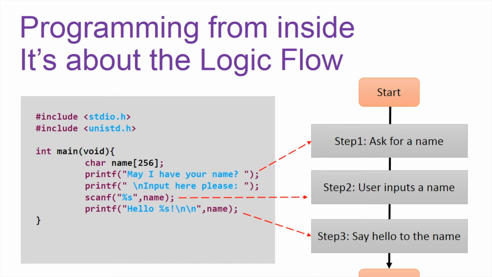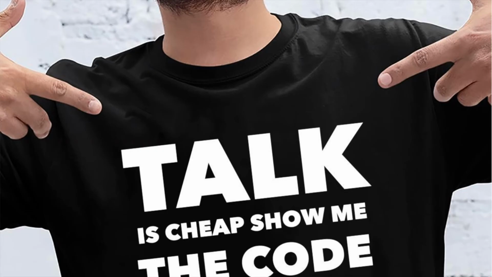Step 2, the user inputs a name. Then step 3, the program will say hello to that name. Then that's the end of the program. But this is a very simple logic. We will have much more complicated logic later. So that's it.